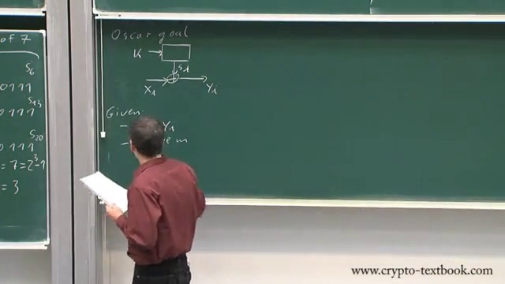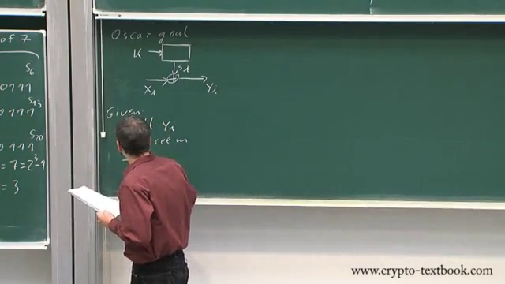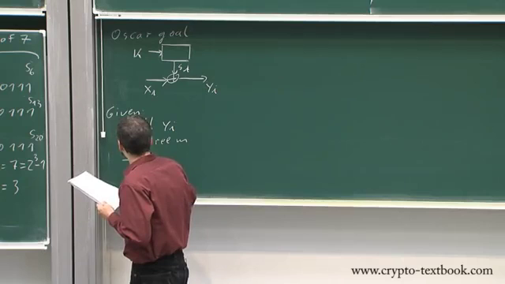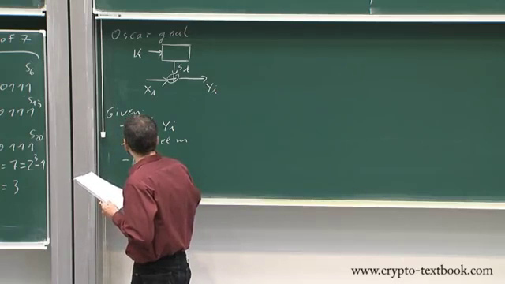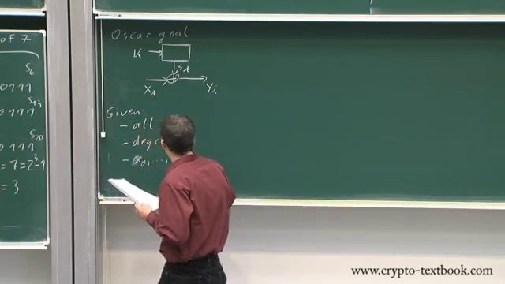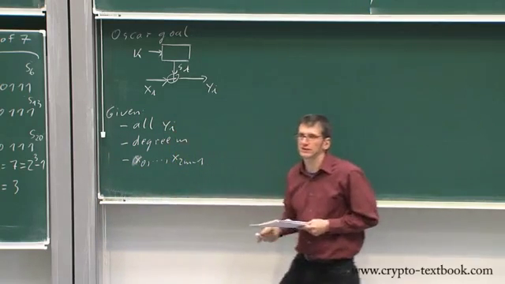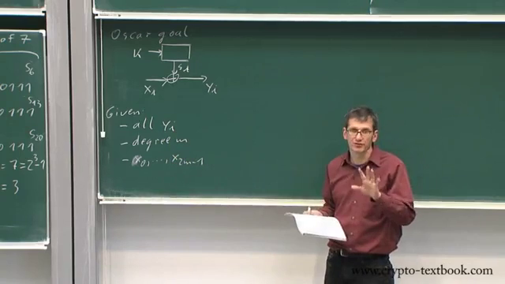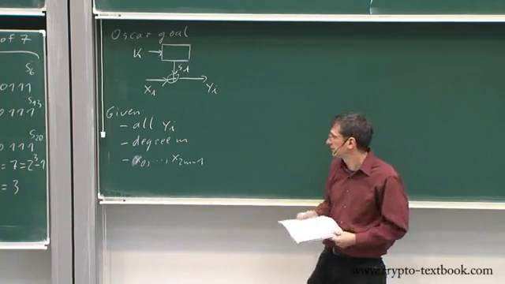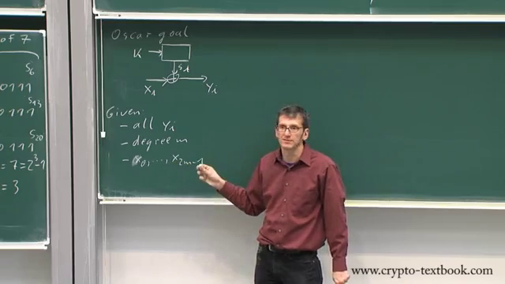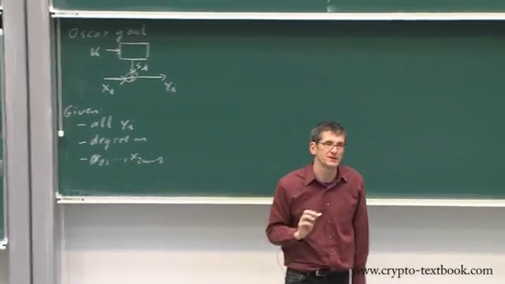And thirdly, which is probably the strongest assumption here, he knows x0 up to x_{2m-1}. So he knows the first few plaintext bits, the first 2m bits.